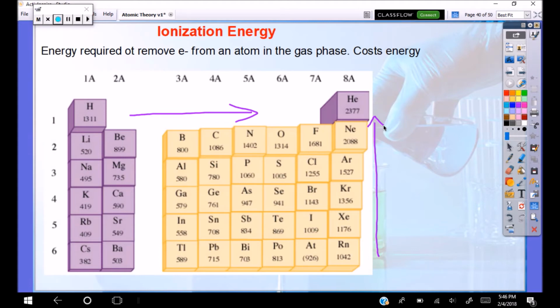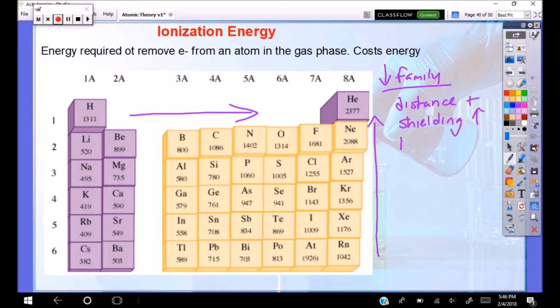If we look at distance for ionization energy, things that are further away, we can't hold on to quite as well. So if we look down a family, we know that distance and shielding are both increasing because we have more core electrons.